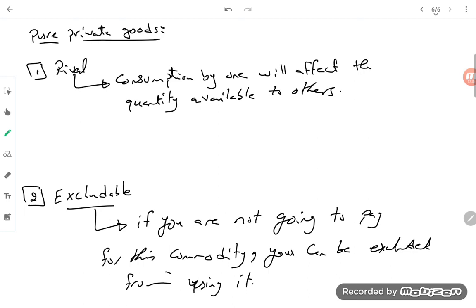Okay, let's take an example in order to be able to understand the difference between private goods and public goods. There are a number of people living in a room. Decisions made in that room affect only those in the room.